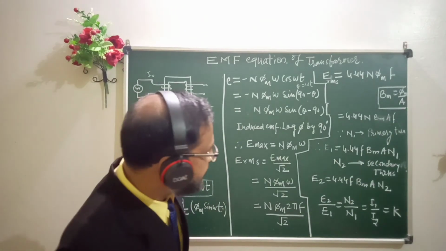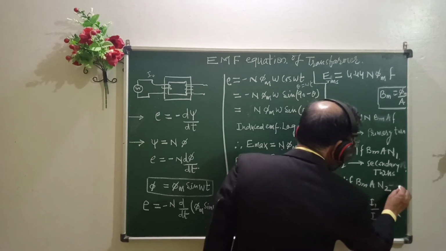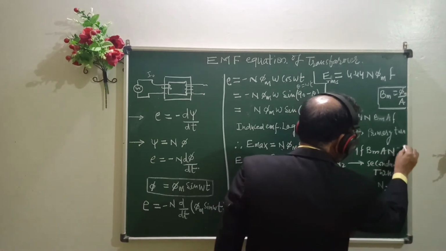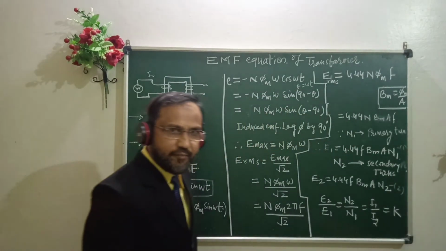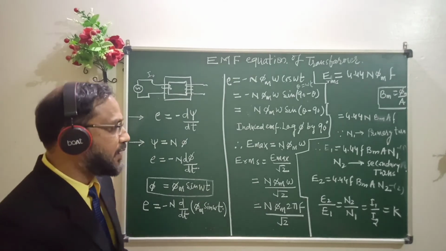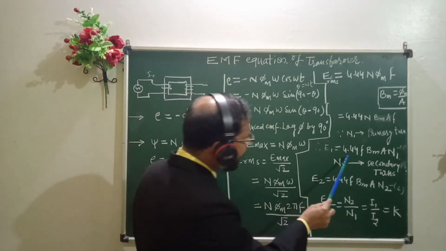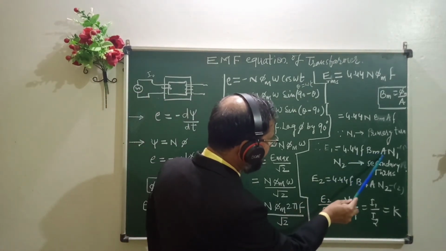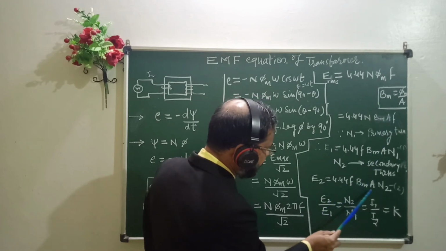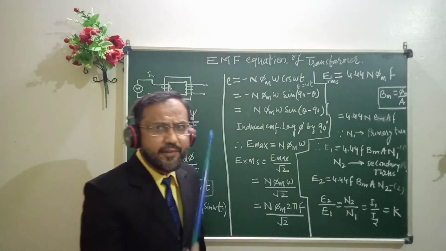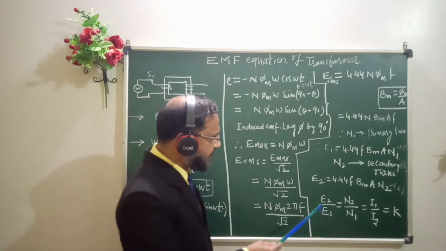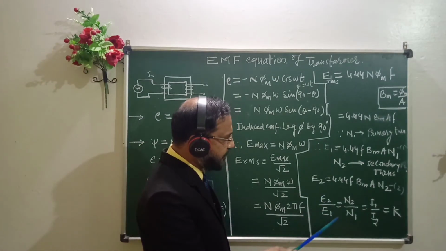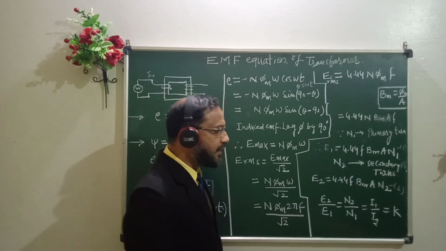Now I am saying this is equation number 1 and this is equation number 2. Dividing equation number 2 by equation number 1, 4.44 f Bm A is common in both, so it cancels. In this way the equation becomes E2 by E1 equal to N2 by N1.